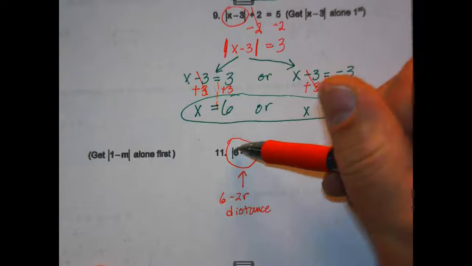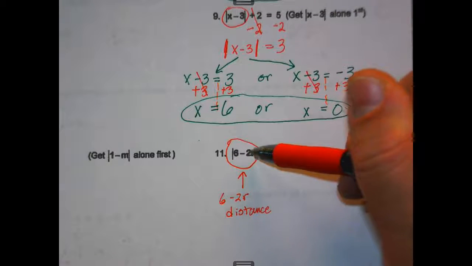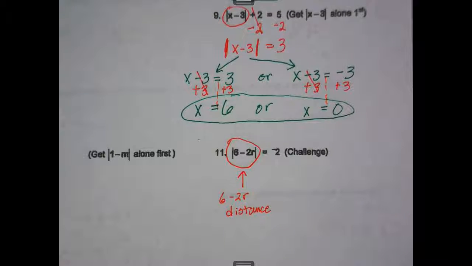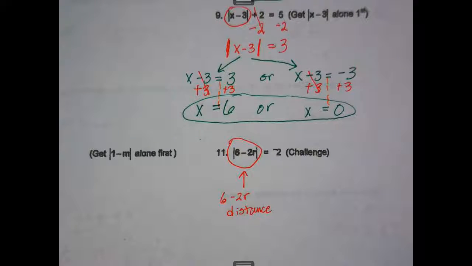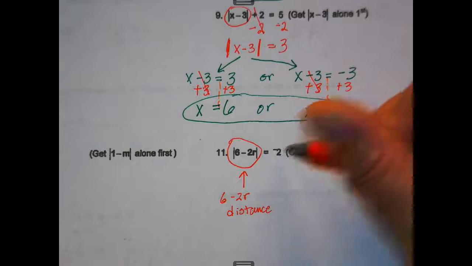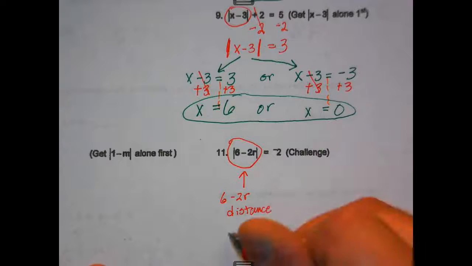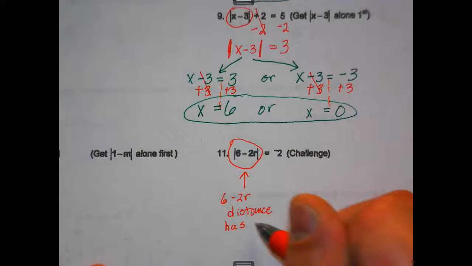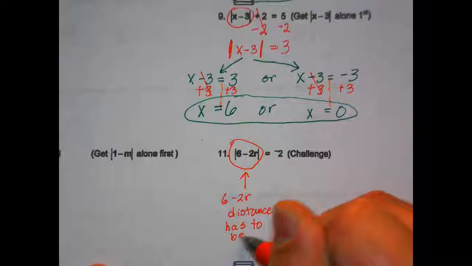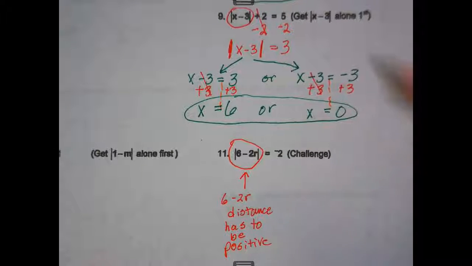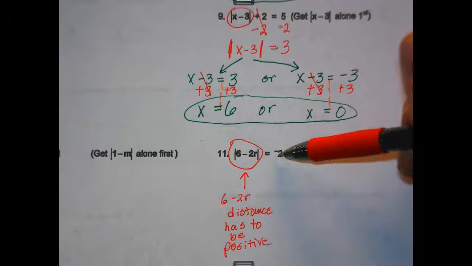Which means no matter what number I choose for r, even if it makes it negative inside, when it comes outside, it has to be positive. Can it ever be a -2? No. Distance has to be positive. It can never equal a -2 out here.